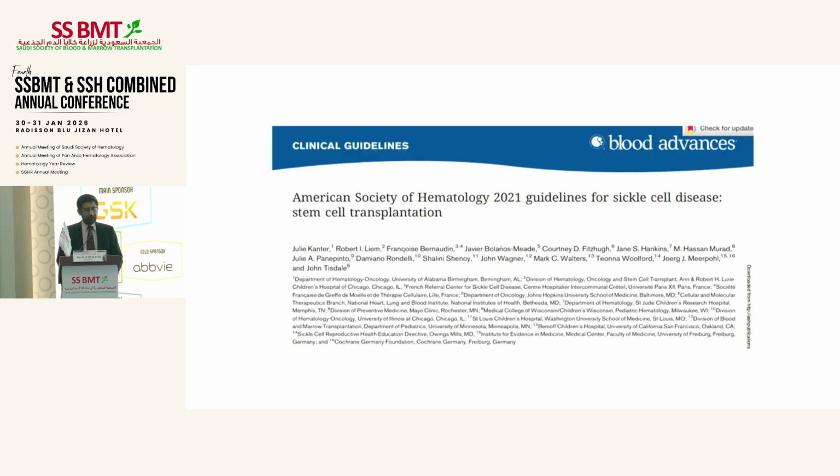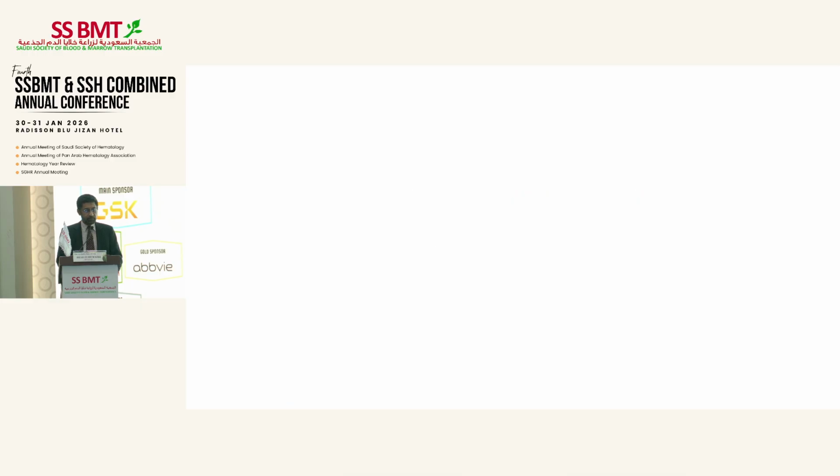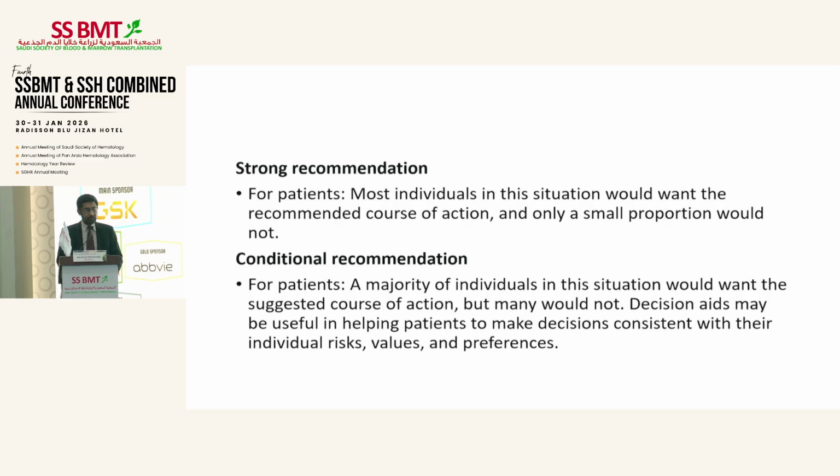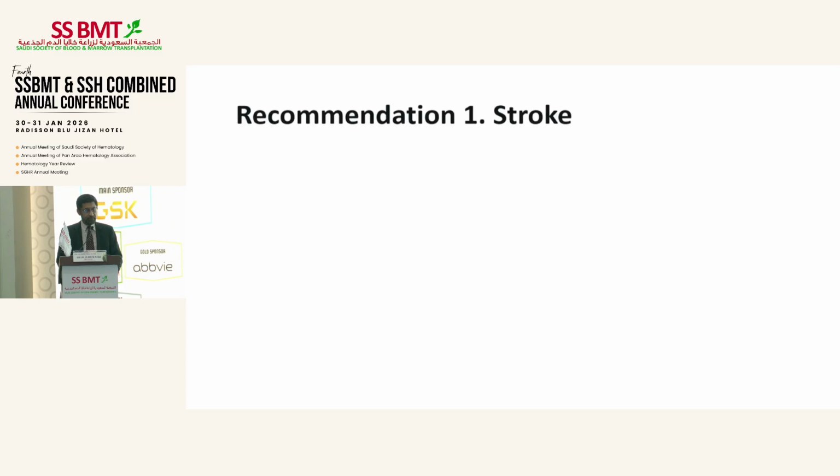This American guideline published in 2021 helps us to identify some of the patients that might benefit from more toxic therapies like stem cell transplant and gene therapy. They made their recommendations either strong, whereby there is enough evidence to recommend a treatment, or conditional, when there isn't very strong evidence, but there is some evidence.